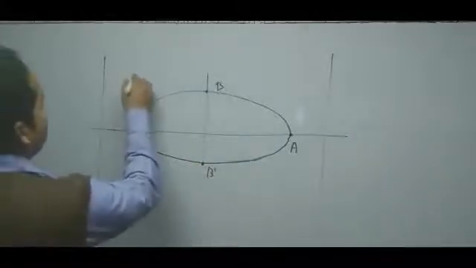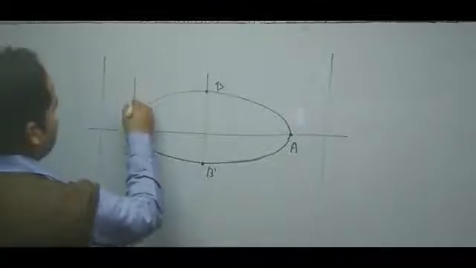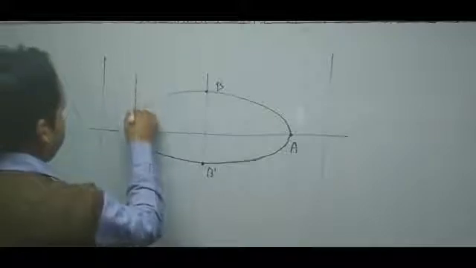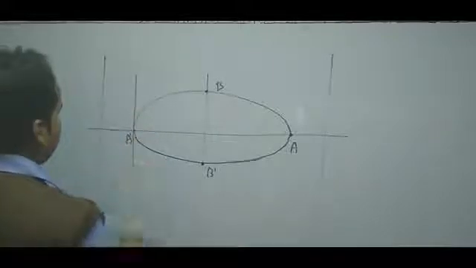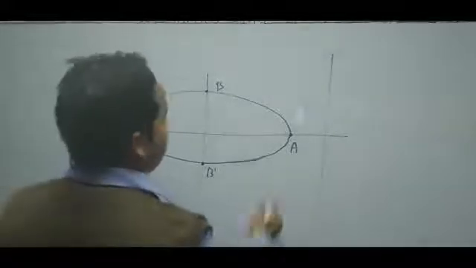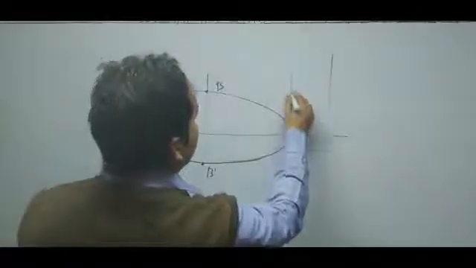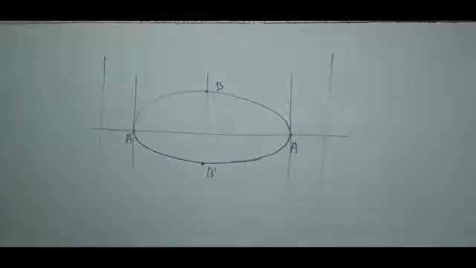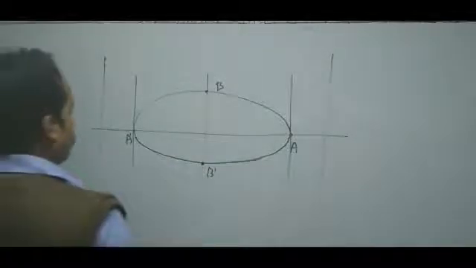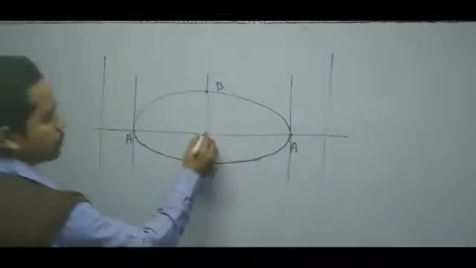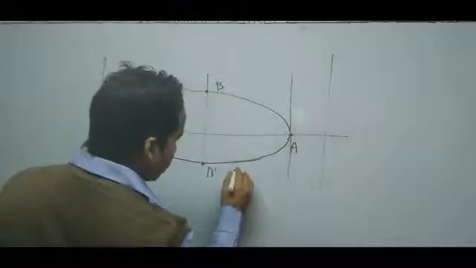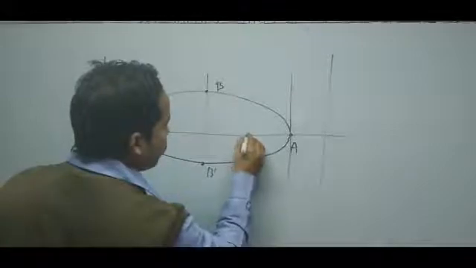And you know, this is the tangent. This line passes through the vertex of the ellipse, this is the vertex of the ellipse. So this is the center, and you know, this is the focus.